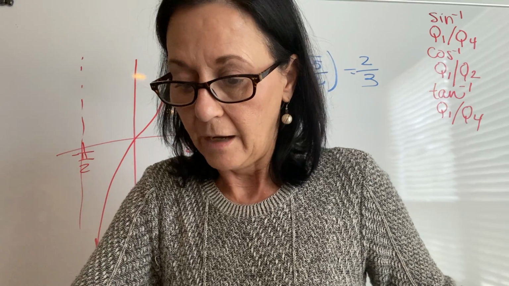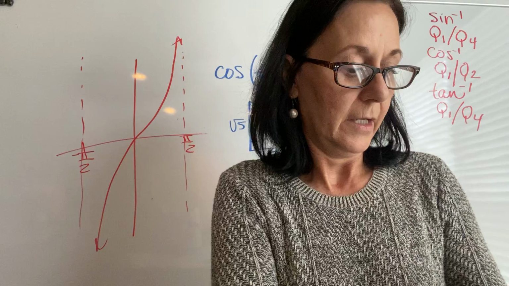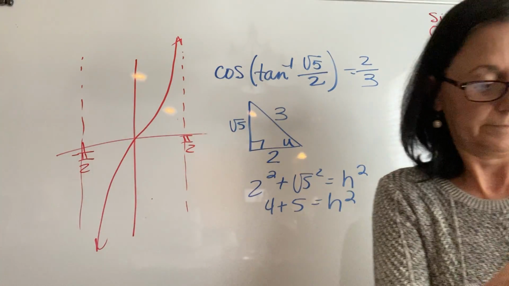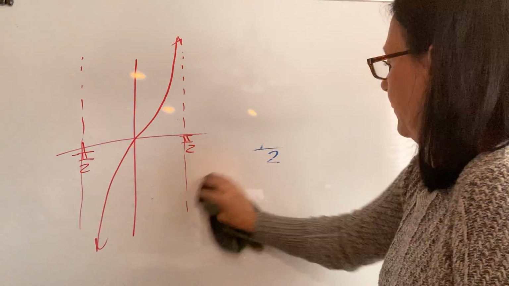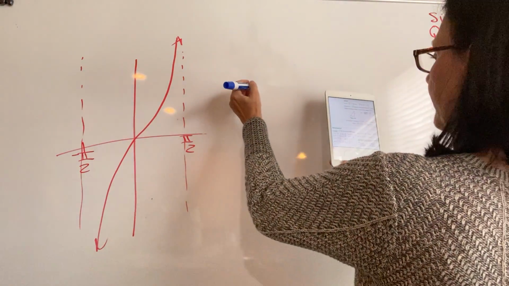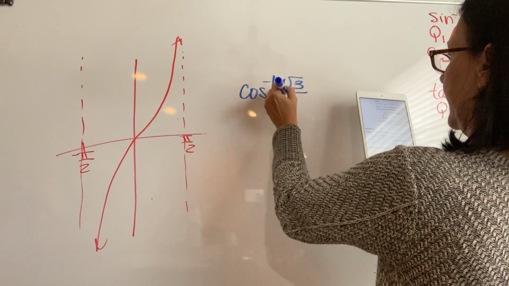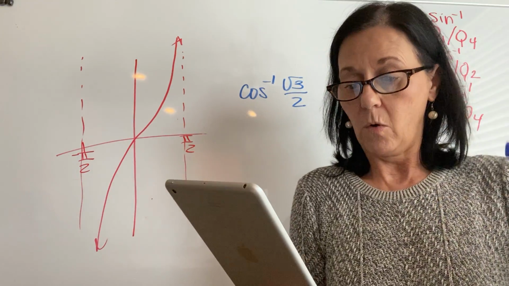All right, I want to go and look at some of your homework. Look at number 8 on page 536. Applying all of this. It's the inverse cosine of square root of 3 over 2. Inverse cosine, I'm looking at quadrant 1 and quadrant 2.